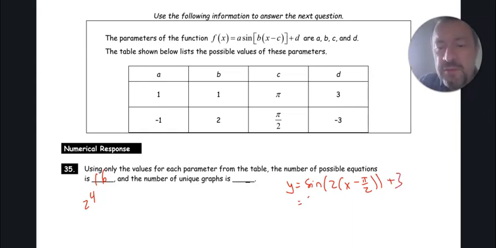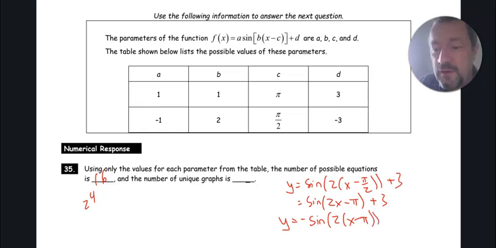Now, if I just multiply through the argument, I'm going to get 2x minus pi plus 3. Now, consider this, though. What if I have negative sine of 2x minus 2 pi plus 3, multiplied through?